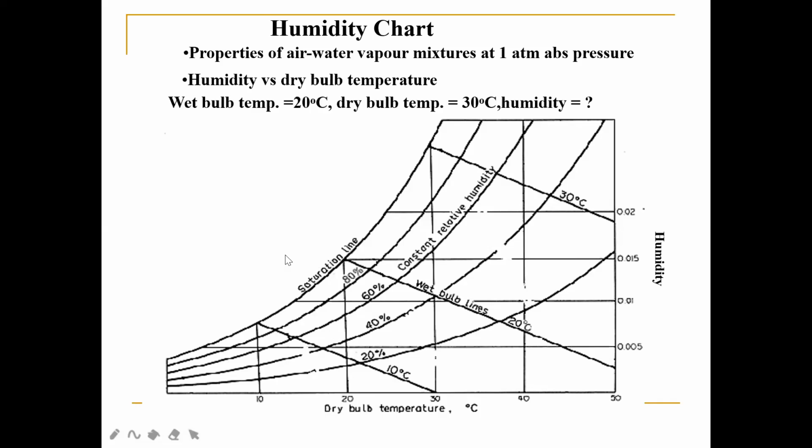So let's see how to determine the humidity at a wet bulb temperature of 20 degrees Celsius and a dry bulb temperature of 30 degrees Celsius. Dry bulb temperature is the temperature that you read from the thermometer. Wet bulb temperature is the temperature that you read with the bulb of the thermometer wrapped in wet cotton, wet gauze, or wet cloth.